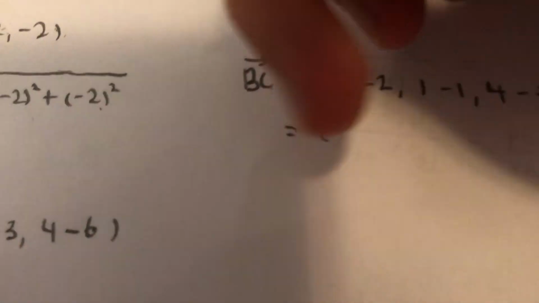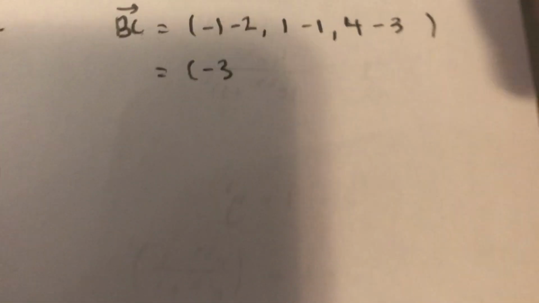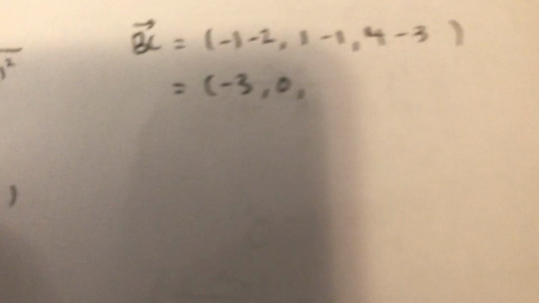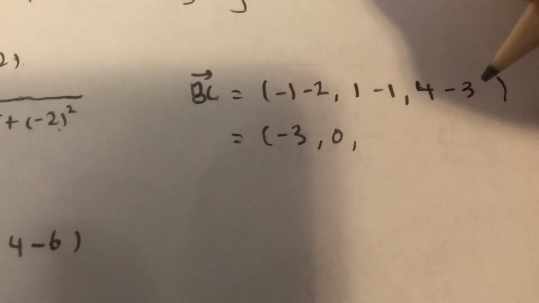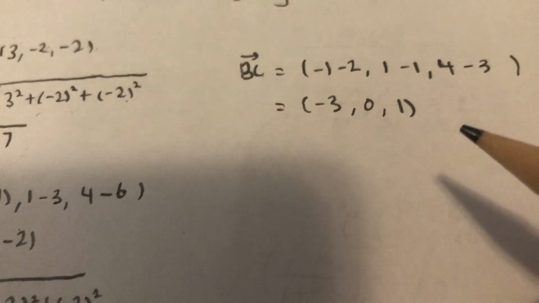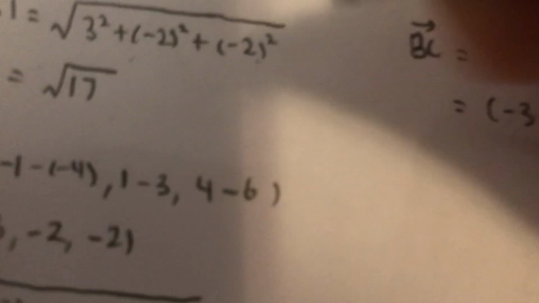So the vector of BC would be -1 minus -2, which is -3, comma 1 minus 1, which is 0, and 4 minus 3, which is also 1. So this is vector BC. And now we need to find its magnitude.